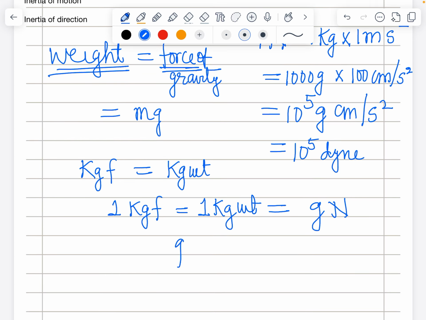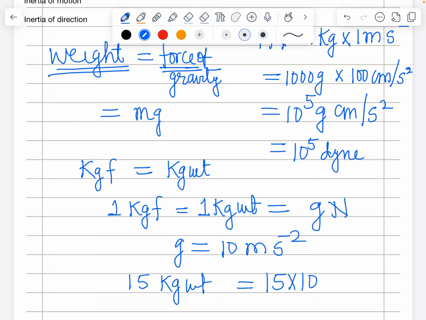Here approximately I have taken the value of g in MKS system as 10 meter per second square. So what will be 15 kilogram weight? It will be 15 into 10, that is equal to 150 Newton. 15 kilogram force will be equal to 150 Newton.